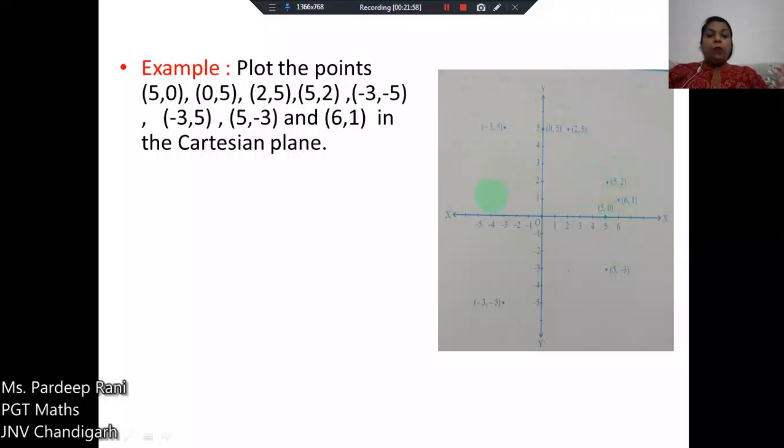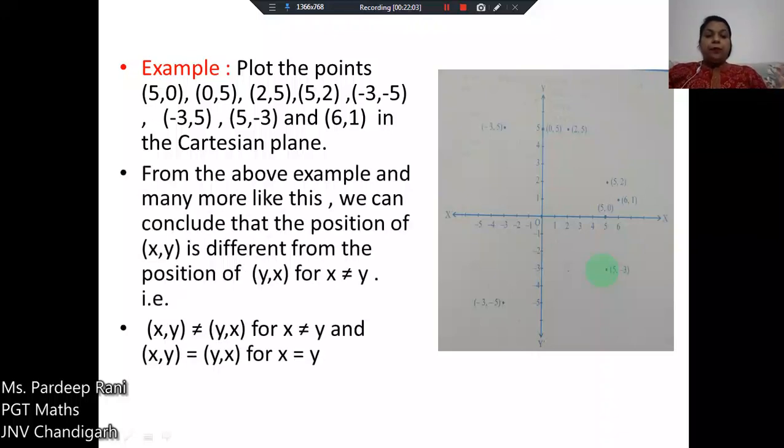Similarly, we can also plot the other points given to us in this plane. Dear students, from the above example, and from more examples like this, you will conclude that if the x and y coordinates are not the same, for example the points (2, 5) and (5, 2), since x is not equal to y, these two points are not describing the same position.